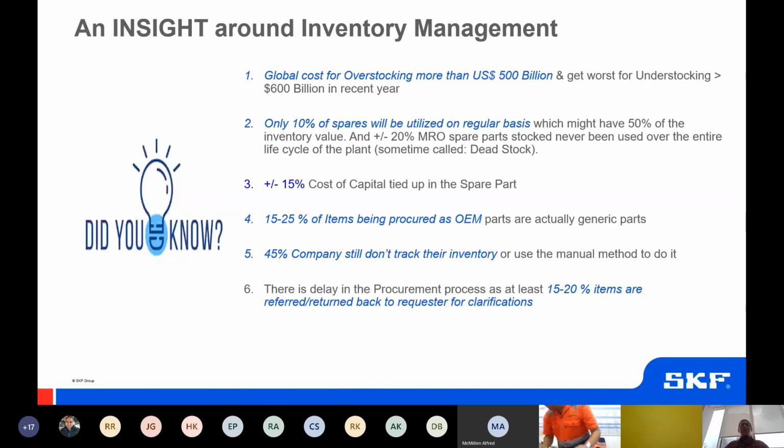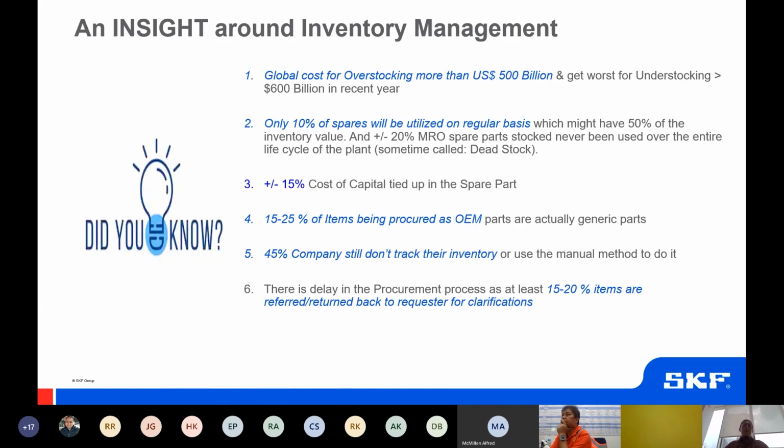For example, only 10% of the spares are usually utilized on a regular basis. That 10% sometimes covers 50% of the inventory value. For example, if you have 10 million of store value, 5 million of the store value is allocated for only 10% of spares.